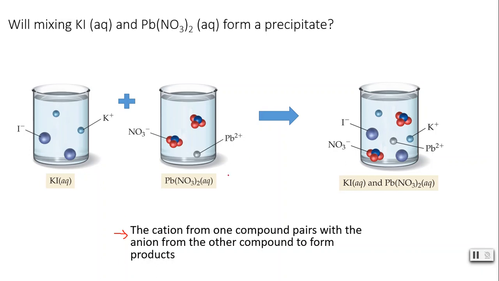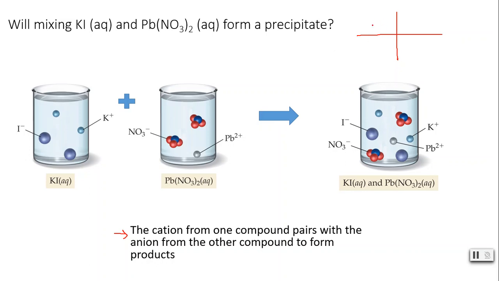That's written down here, but I think it's really instructive, when predicting these precipitation reactions or double displacement reactions, to write down in this little crisscross method what ions are present and then correctly pair the correct cation with the correct anion. I'm going to use a crisscross method very similar to what we did when putting ions together to form a neutral molecule in chapter 5. So let's go ahead and get started.